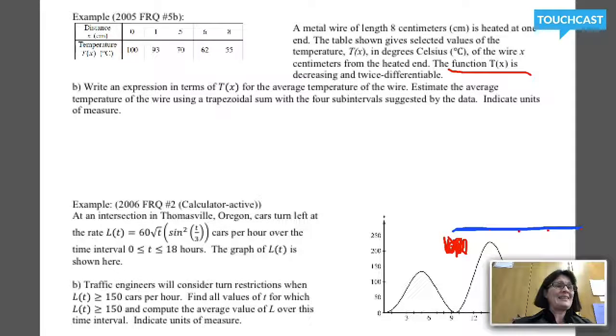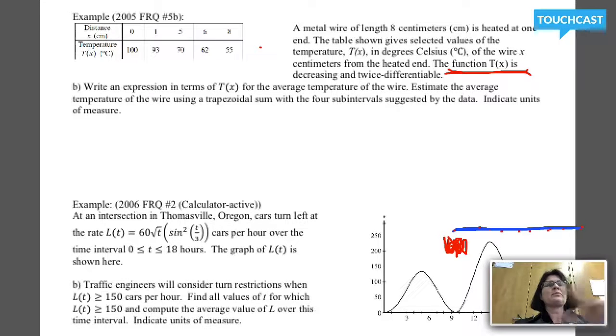So however hot it is at this end is the hottest. In fact, I've been told specifically the temperature function is decreasing. So as the distance from the heating element increases, the temperature decreases. So that kind of makes sense. It's hottest here, it's less hot here, it's less hot here, and it's less hot here. And at the very far end, the end that's not near the heat source, the wire is the coldest.